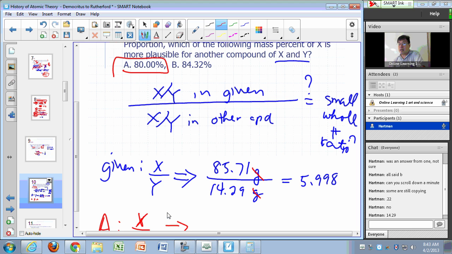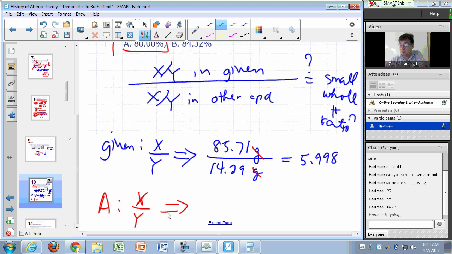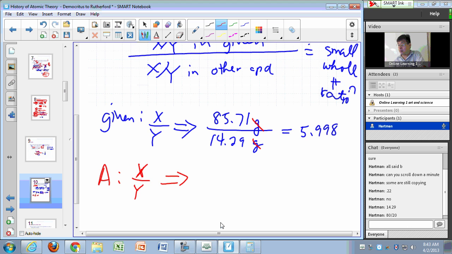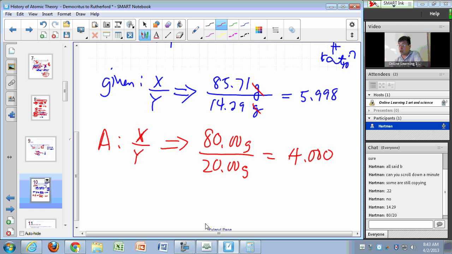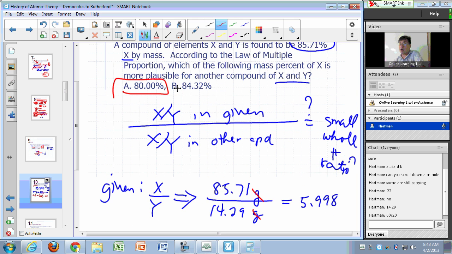If it's 80% X, it's going to be 80 grams X. Yes, 80 to 20, very good. So it's 80 grams X to 20 grams Y. The mass ratio is 8:2, or that's going to be 4, right? 4.000.